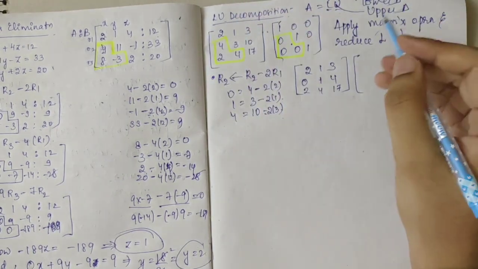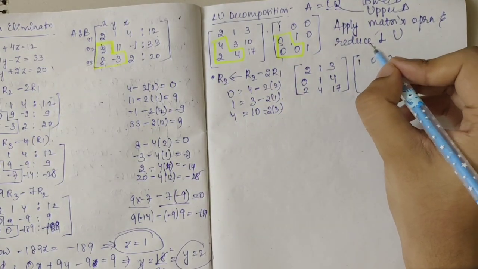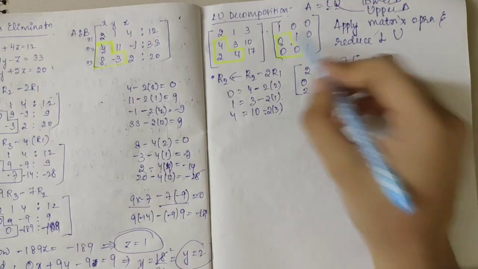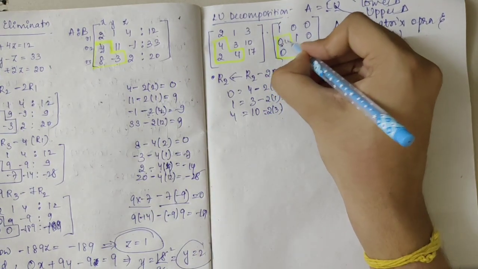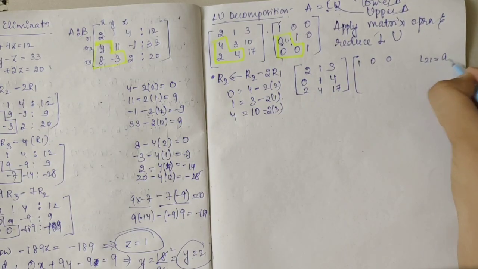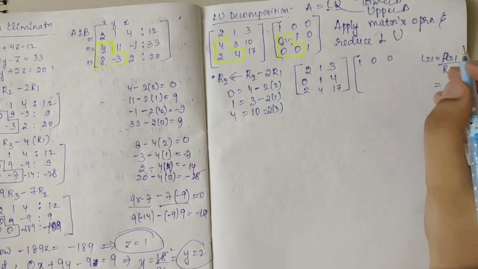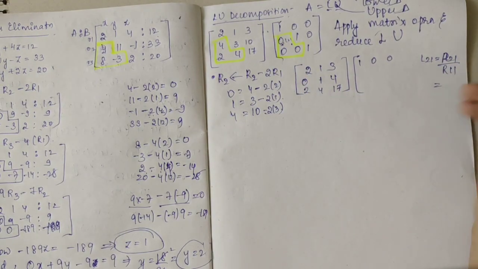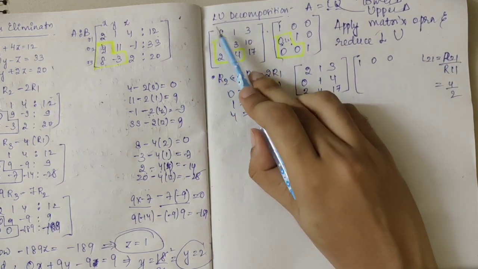Now I'll look into the identity part. In order to change this value, 1 0 0, I'll write it here. And in order to change this value, I'll consider it as L21. So for L21 operation, I'll take A21 by A11, which is 4 by 2.